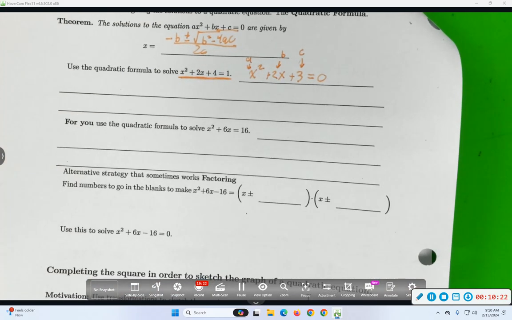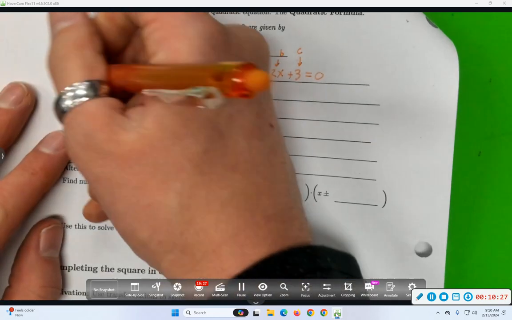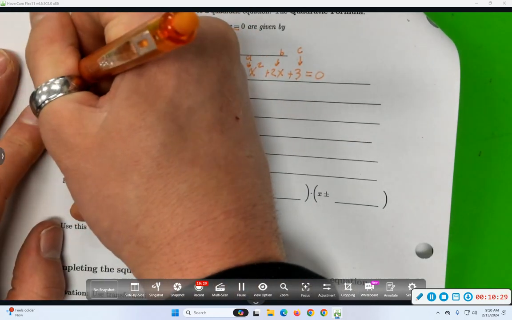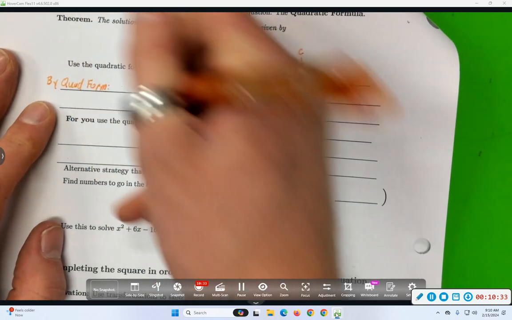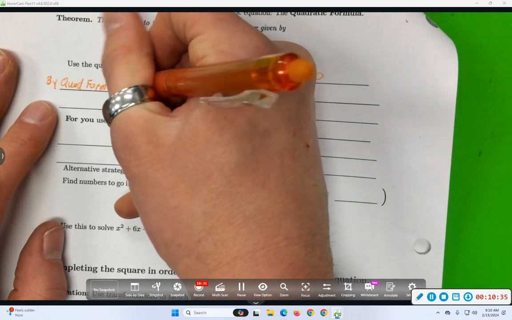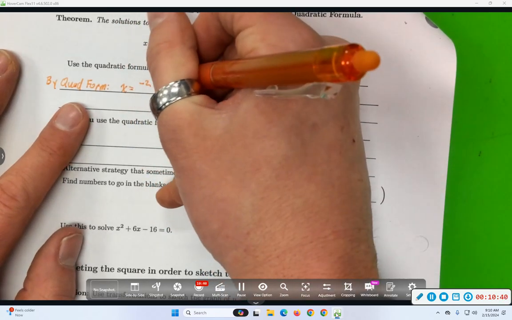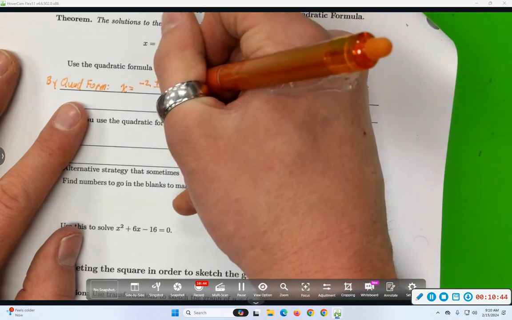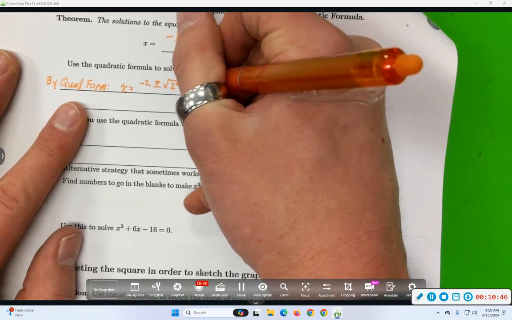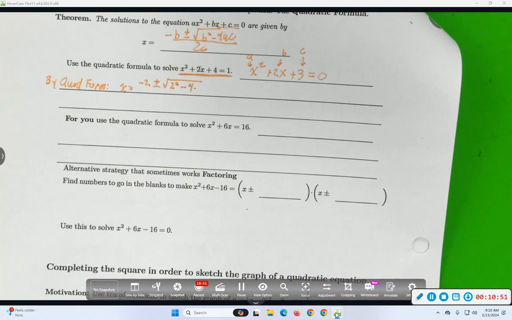Let's write down the quadratic formula and see what it gives us. So, by the quadratic formula, x is equal to negative b plus or minus the square root of b squared, well, let's just write down 2 squared minus 4 times a. What should I use for a in this case? 1, right?